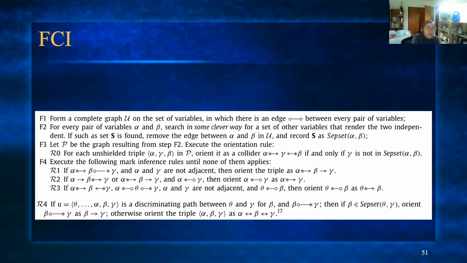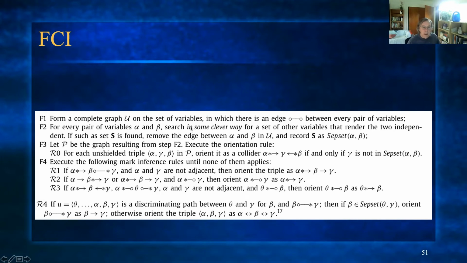Nevertheless, the Fast Causal Inference algorithm is a kind of generalization of PC, which in its initial phases looks a lot like PC. It starts off with a complete graph where I put these kinds of undirected edges between every pair of variables.